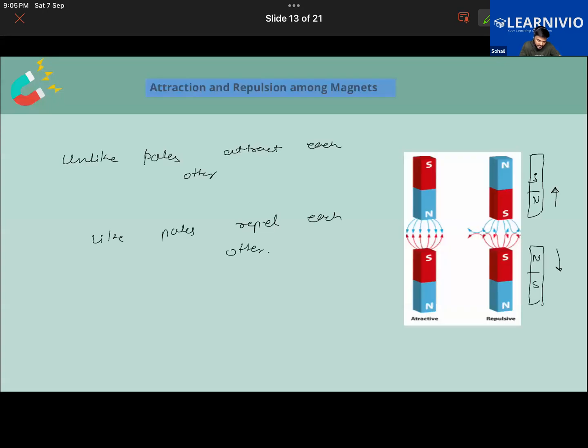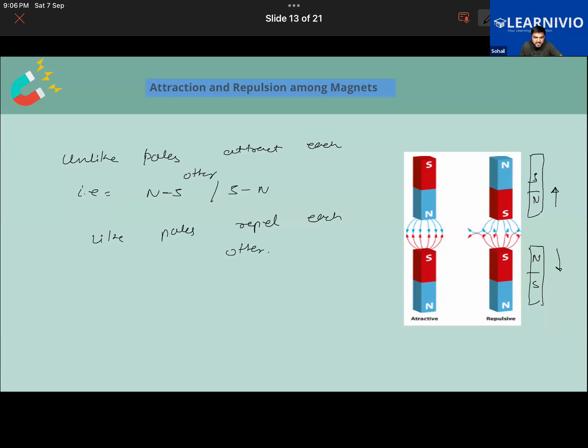Another topic is attraction and repulsion among magnets, which we have learned moments ago. Opposite or unlike poles attract each other. Give the topic and write down these things. Unlike poles or opposite poles attract each other. The example of this will be north-south or south-north.